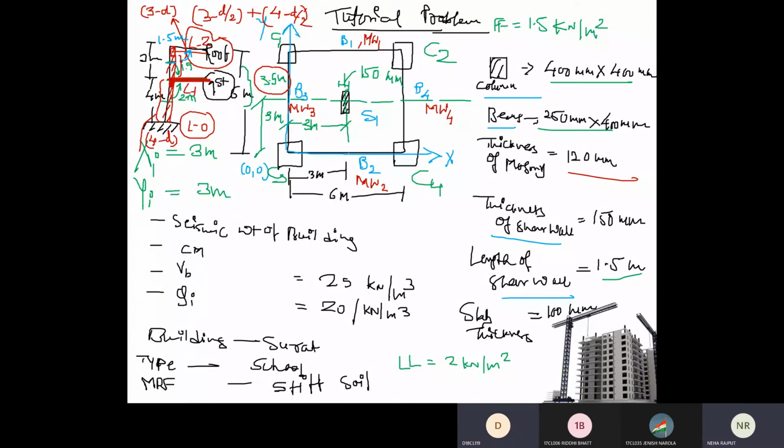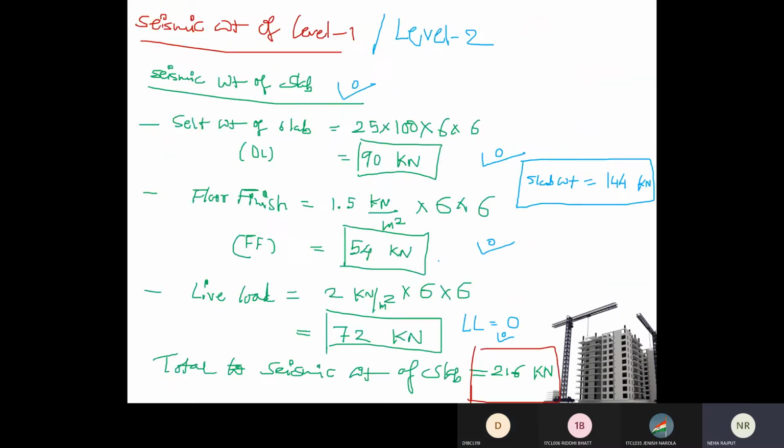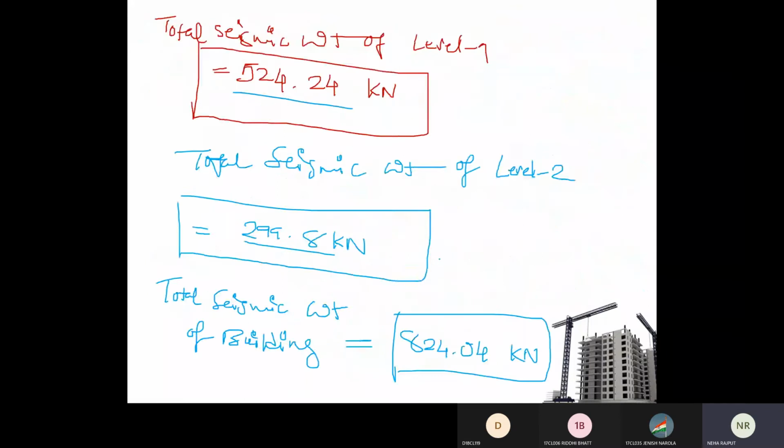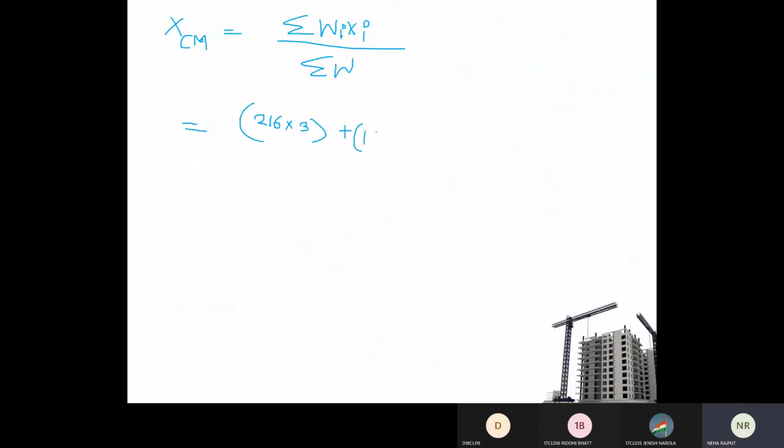B2, sorry, for B2 also 3. For B3, 0, and for B4, 6. Right, so here you need to write it that way: each and every beam weight is 15. So 15 into 3 plus again 15 into 3 plus the third beam, weight is 15 but distance is 0, plus 15 into 6.